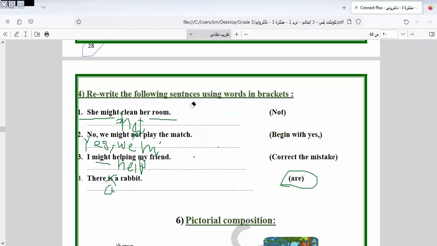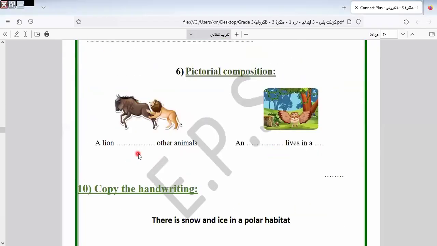Let's go to another one here to end this unit and revise the next unit. Here we have the lion hunts other animals. The lion hunts, to be hunts. Other animals. And an owl lives in what?